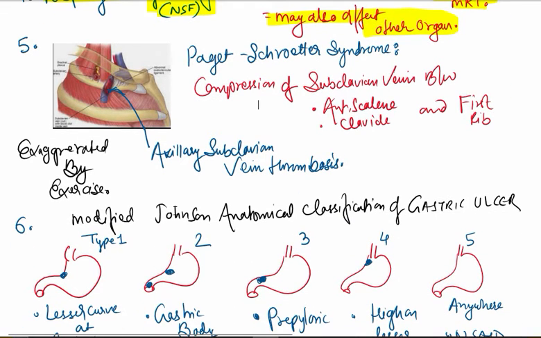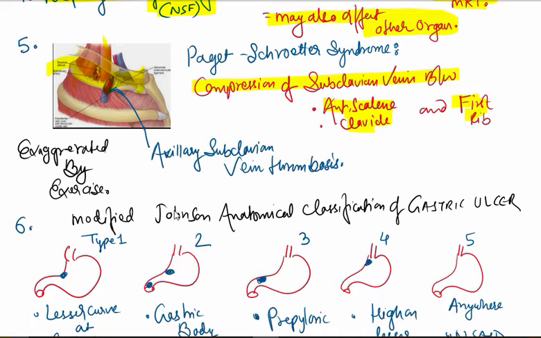So next point, we see this thrombosis in the axillary artery. So what is this? This is compression of the subclavian vein between the anterior scalene, clavicle and first rib. So this is the clavicle, and here is the first rib and the anterior scalene muscle, and in between them the subclavian vein is compressed.